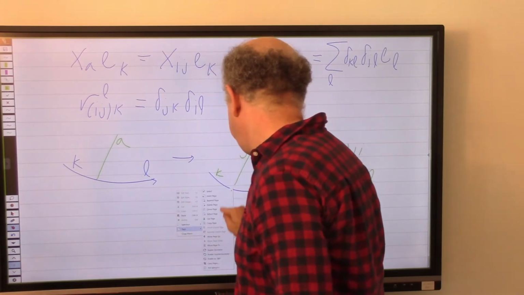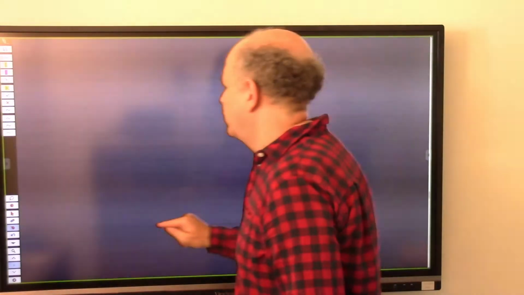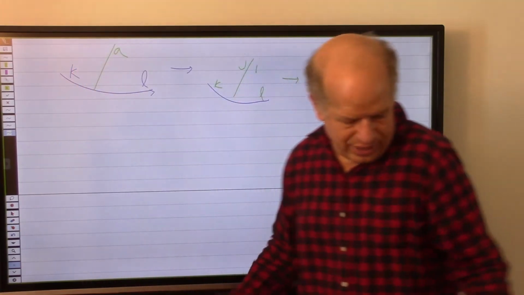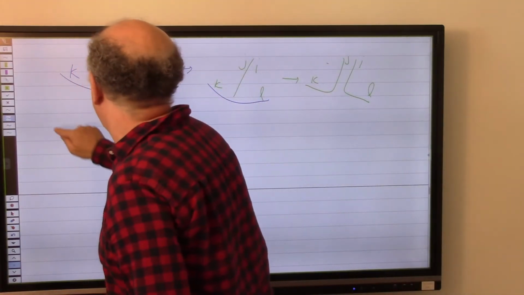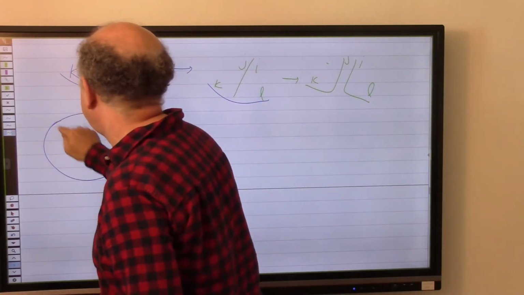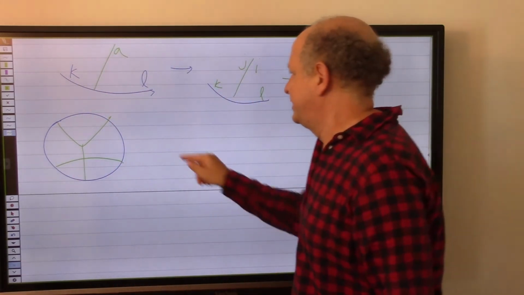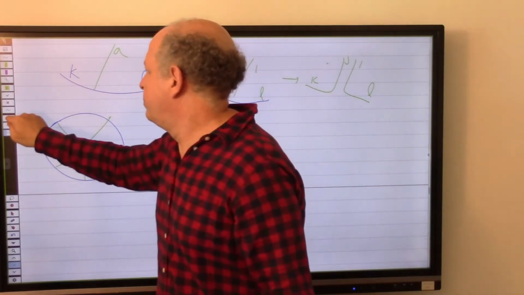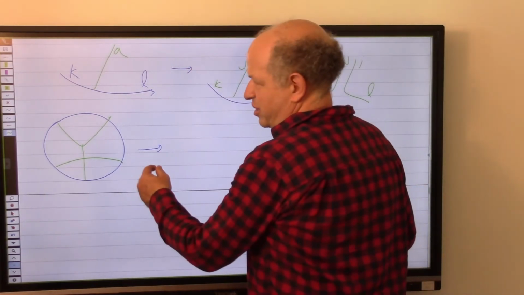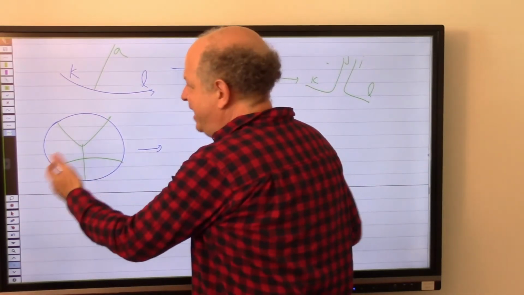Sorry, I need to add pages. Okay, and now I can finally compute whatever I want. So suppose I want to compute this diagram. So this diagram becomes, well, each edge gets labeled.